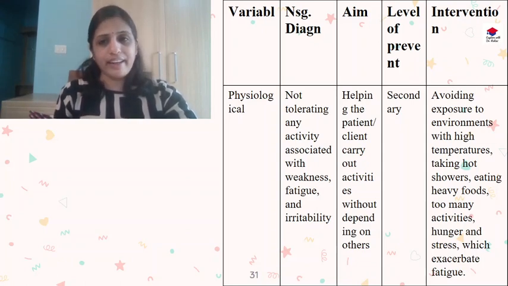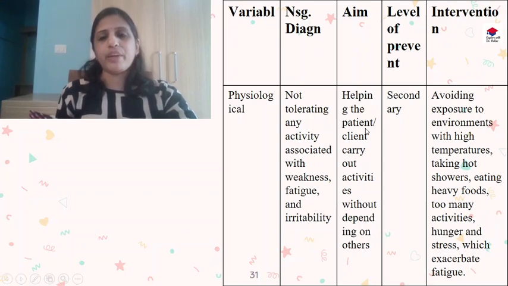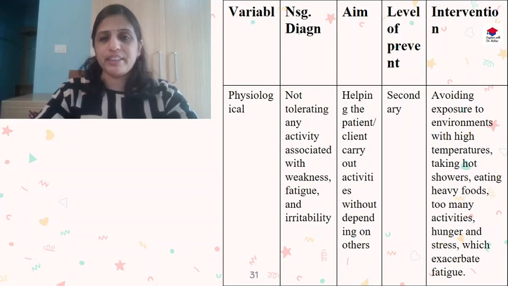So we can write that here as nursing diagnosis. As usual, the aim, helping the patient to carry out the activities. Usually how we write is, she maintains optimum activity or she is able to perform optimum activities within limits as evidenced by, right? So that can be written as aim.